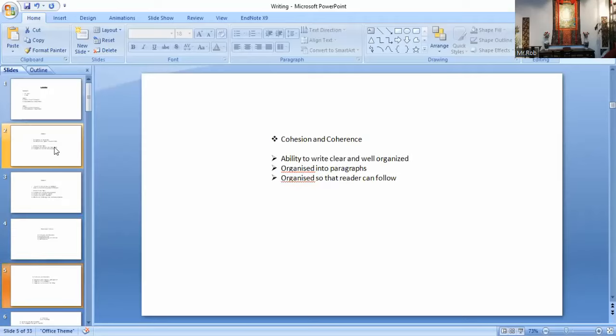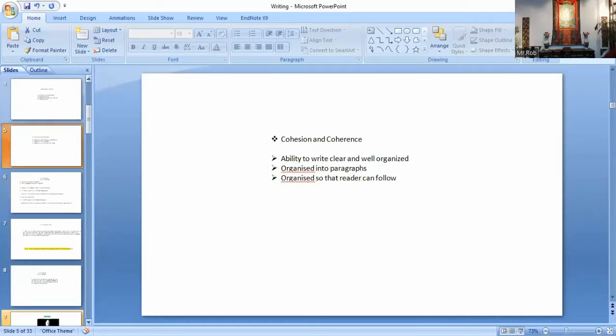Let's talk about number 1, that is about cohesion and coherence. So, cohesion and coherence means the ability to write in a clear and well organized manner. Usually, the essays should be organized into paragraphs.